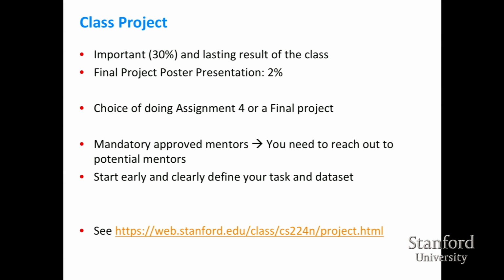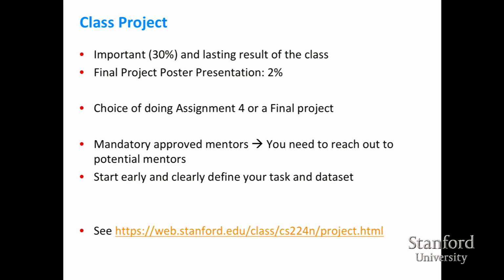So on the choice of doing assignment 4 or the final project, we don't want to force you to do the final project because some people just want to learn the concepts and then move on with life. And then it can be a little painful to have to come up with something. So there is a final project, and we will ask you to define your project with your mentor, and then we might encourage you or discourage you from moving forward with that project.